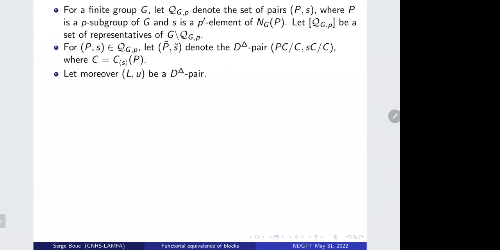Okay, suppose now that we have a general D-delta pair.